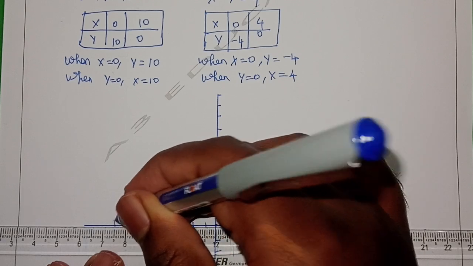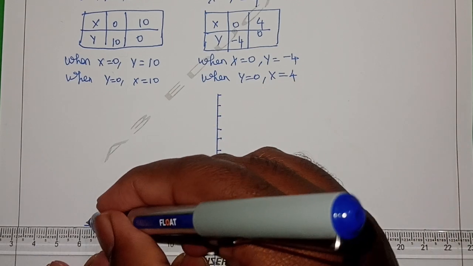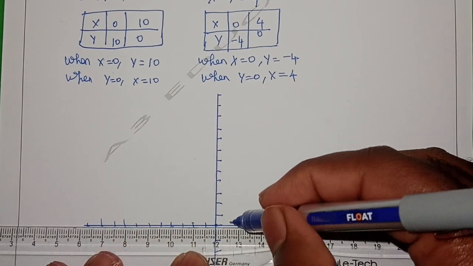In the minus x direction, there is no limit, you can draw up to anywhere.